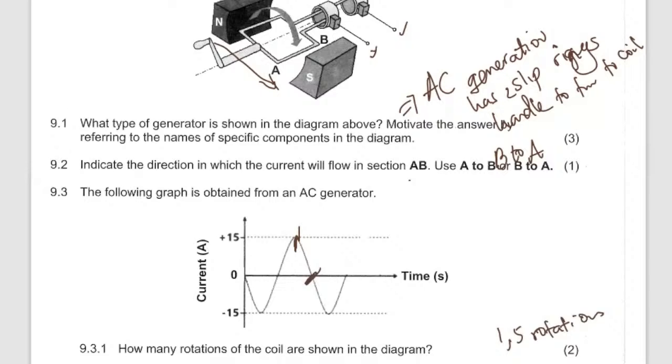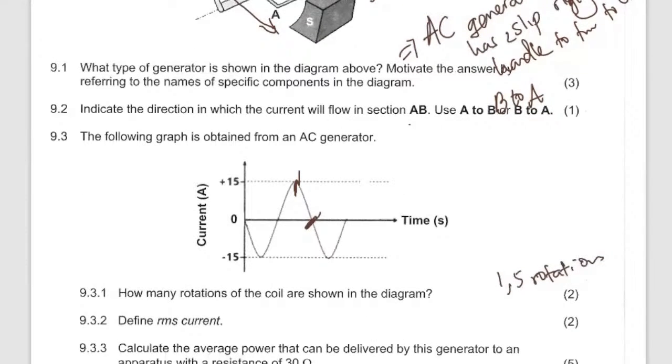And then they want us to define root mean square, RMS. Root mean square current is the alternating current which produces the same amount of energy as the equivalent DC.